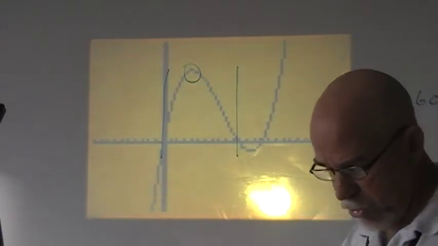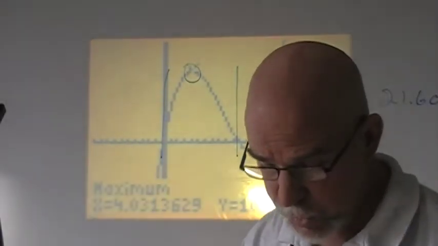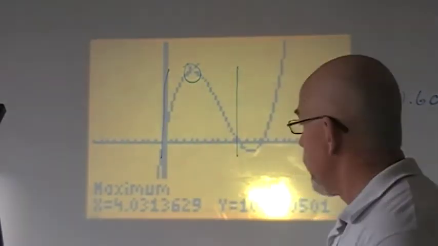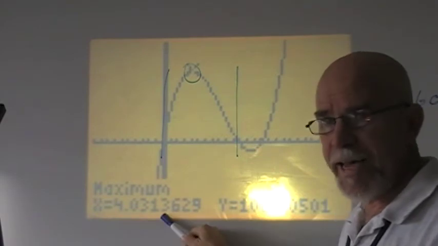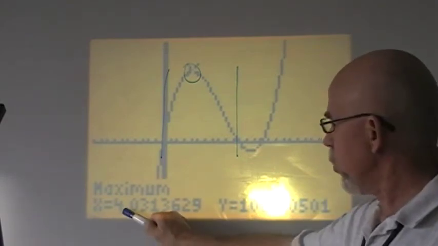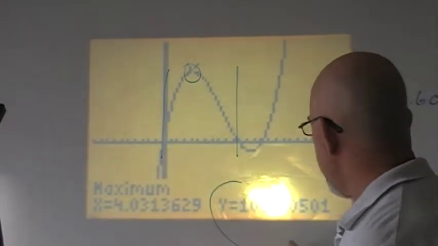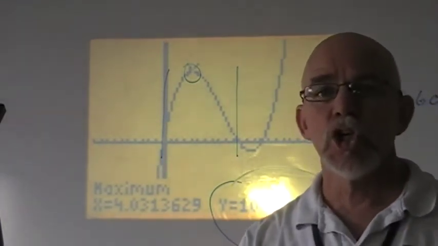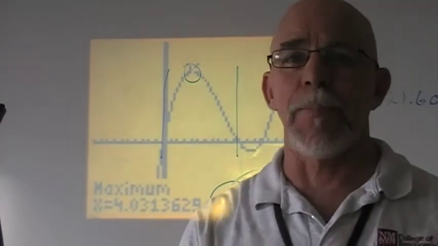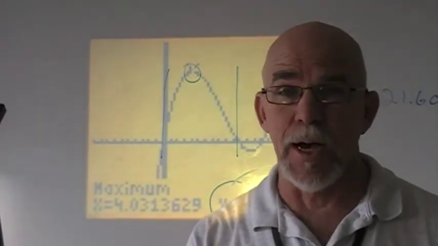I'm not teaching you how to do that in this video because we've learned it in a previous one. And calculating that maximum, it tells us that h, or x, the height, needs to be around 4 centimeters to get this maximum volume of 1,088 cubic centimeters of popcorn. That's the biggest box.